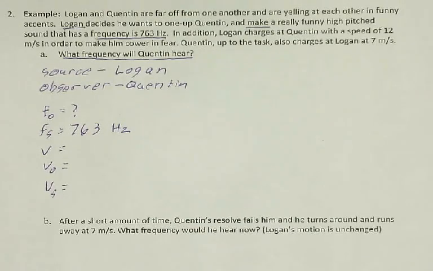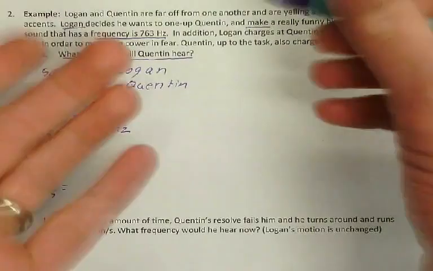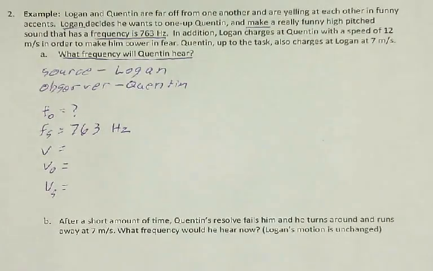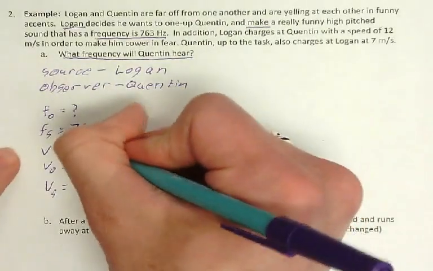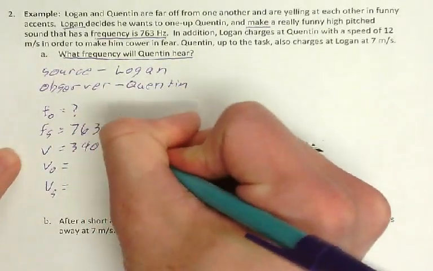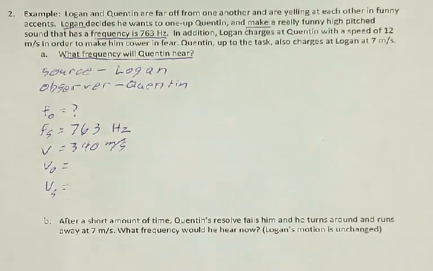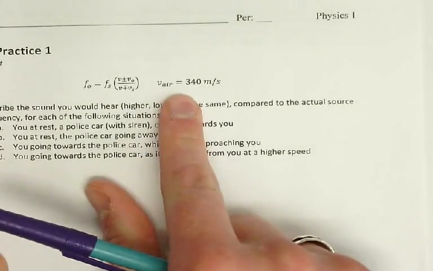Okay, V is the speed of the wave. You'll notice I didn't say that anywhere, but we know what it is. We're talking about yelling through the air. It has to be the speed of sound, which is 340. And if you look at practice 1, you'll notice I gave it to you. You don't have to memorize that number.